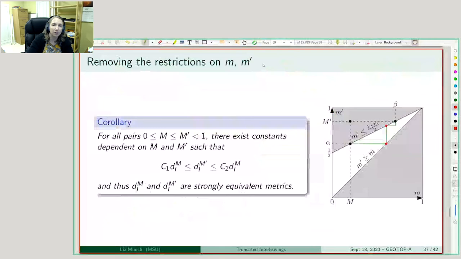So we can easily get rid of the restrictions on m and m prime. It turns out that if you chase around a parameter space enough, you can essentially just apply the strong equivalence theorem a bunch of times. You get massively nastier constants, but you still get strong equivalence, so that's useful.